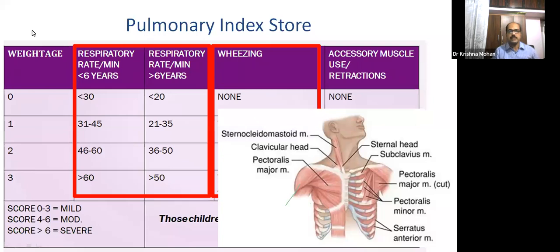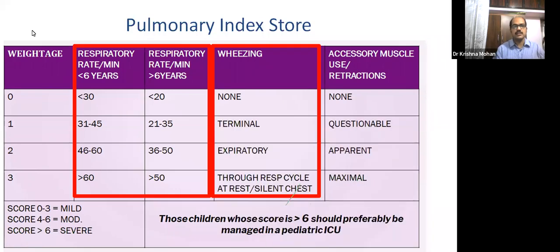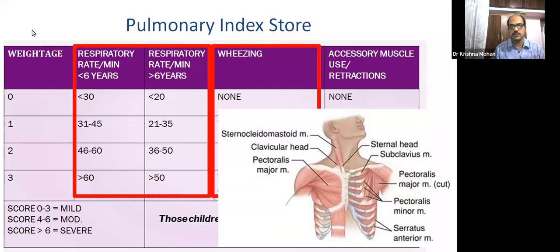Based upon the severity, we need to manage in a hospital setup. I think this classification is clear. It is called the pulmonary score index. Those children whose score is more than 6 should preferably be managed in a pediatric ICU. That is a severe case of acute asthma.